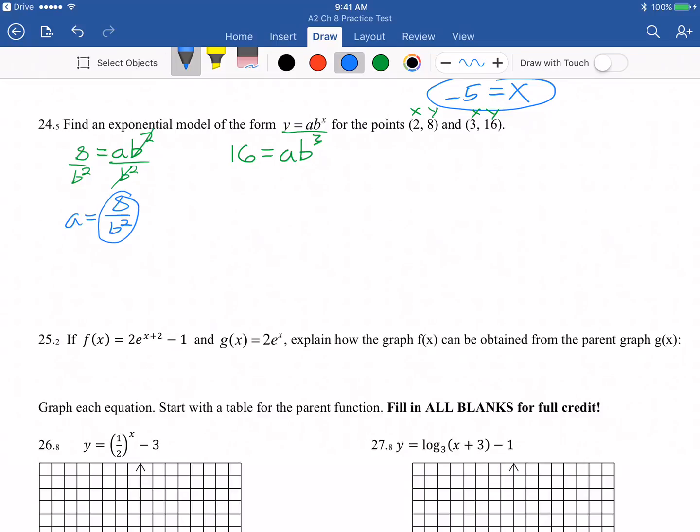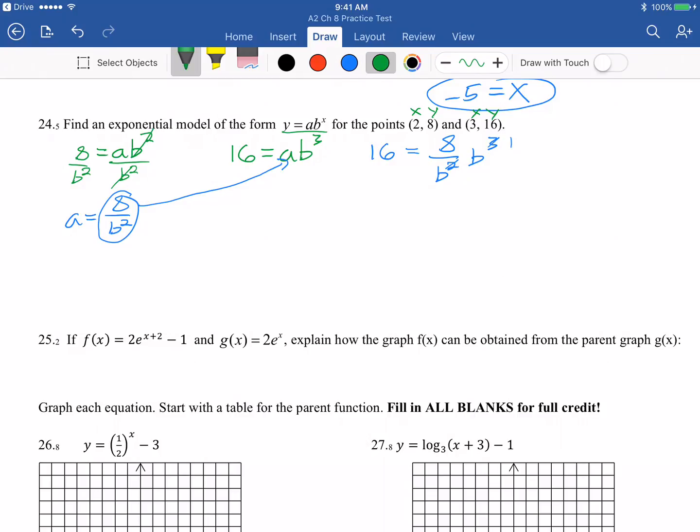And I can take this 8 over b squared and plug it right in there for a, so I get 16 equals 8 over b squared and then b cubed. So this guy can simplify, that 2 can cancel out with 2 on the top and leave you with 1.